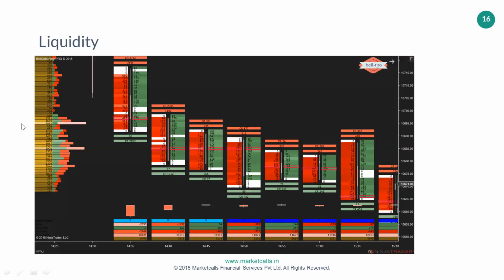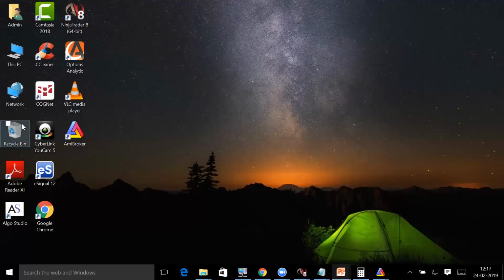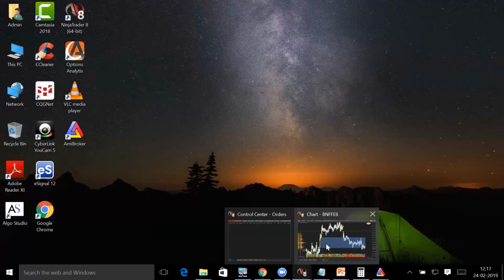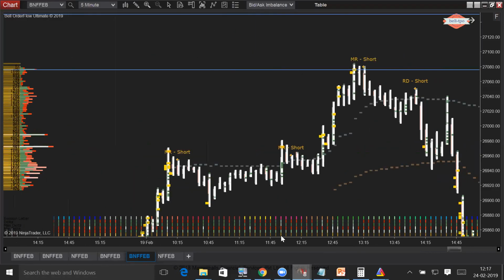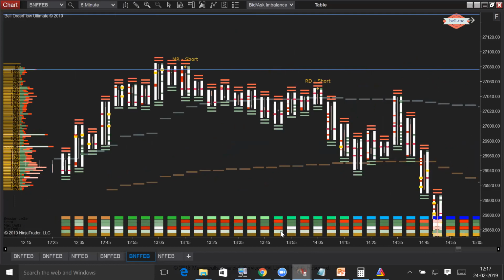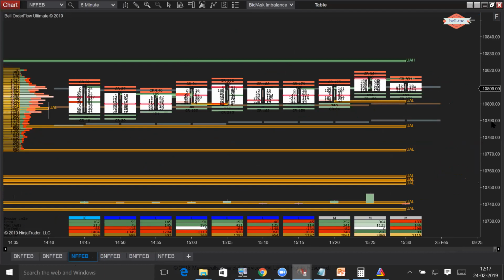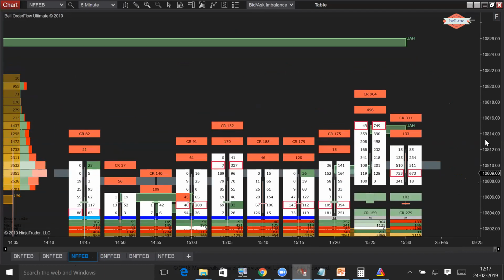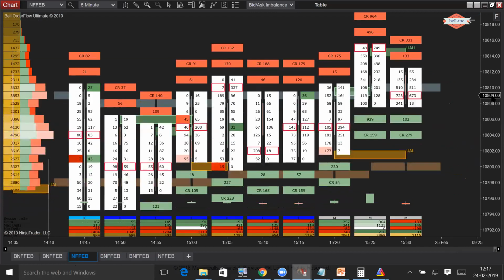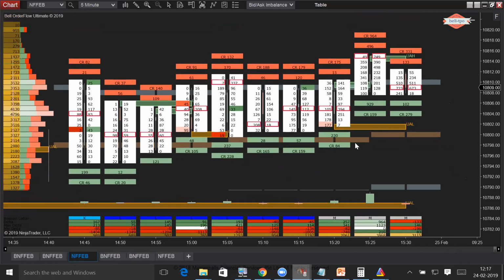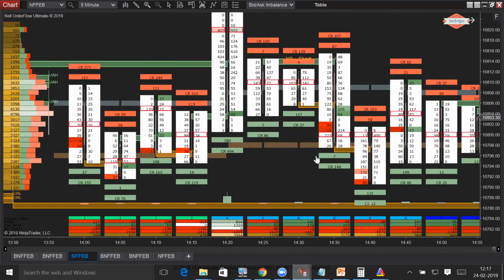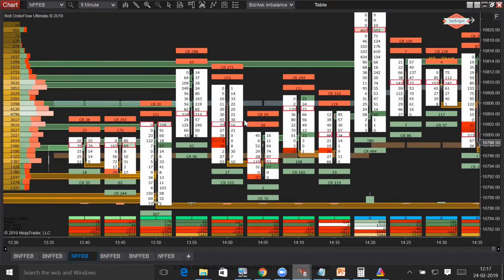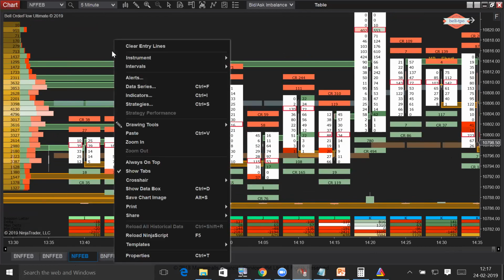So maybe to get an example, let me go back to the Bank Nifty charts or Nifty charts, and I'll show you. Let me go back to Nifty. So inside the Nifty order flow charts, last Friday is less liquid zones.